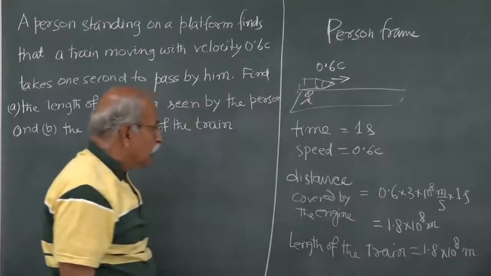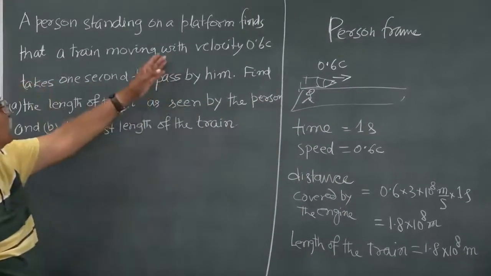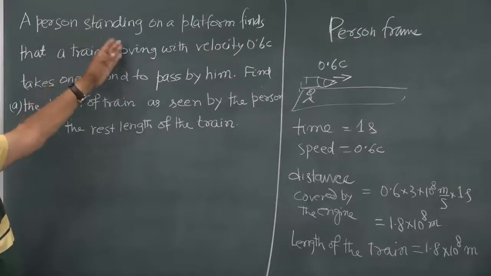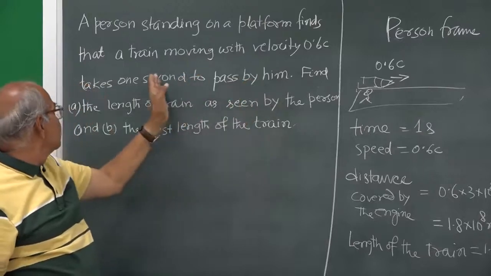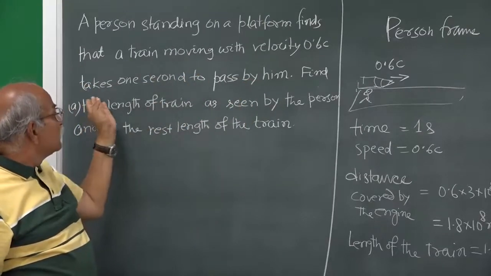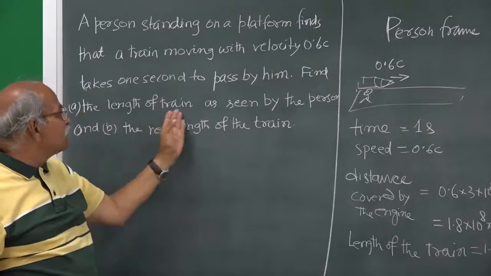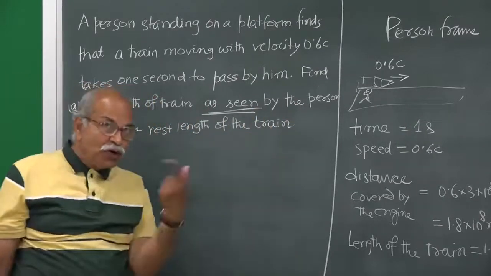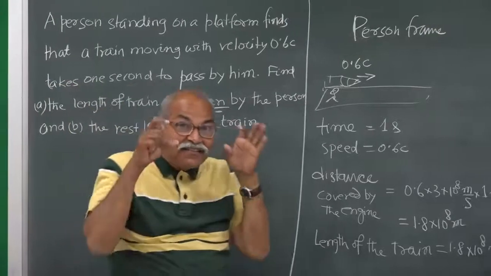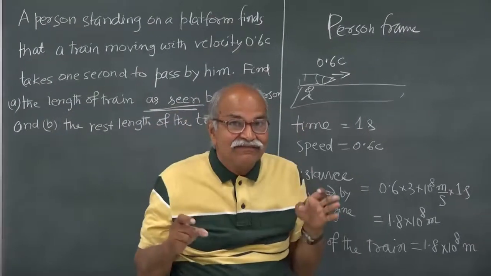Okay. And when I say that a person finds that, okay, here find the length of the train as seen by the person. So, this 'as seen' should not be taken as seen by the eyes.